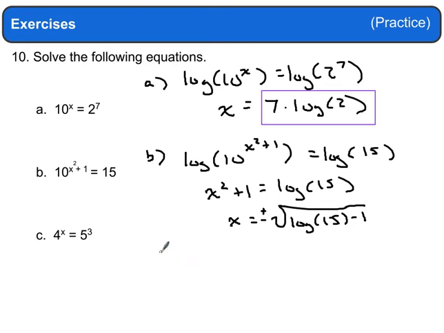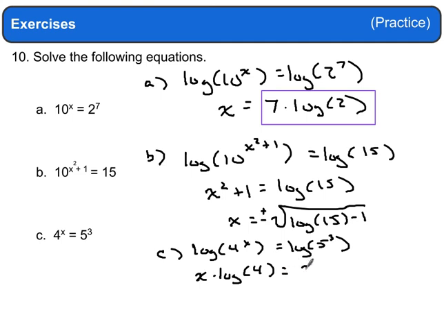And then if we do letter C, we're going to again log both sides. 4 to the x equals 5 to the 3. We're going to move this x out front, so x times log 4. We can move this 3 outside just to mirror that work.